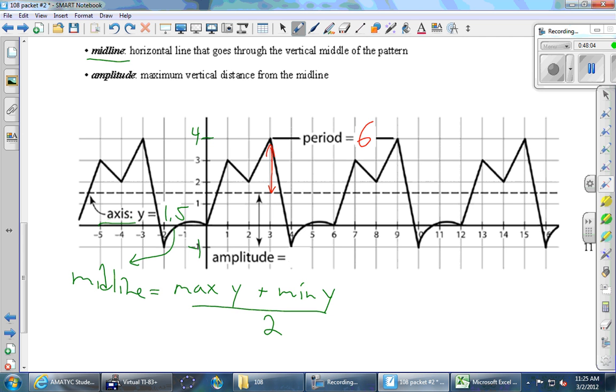From the middle, which was at 1.5, all the way up to 4. Equivalently, you could go from the middle down to the bottom. How far is that? 2.5. So it doesn't matter which way you go, the amplitude is 2.5. When you're ready, we'll go to the next page.